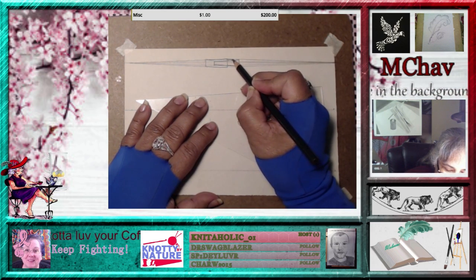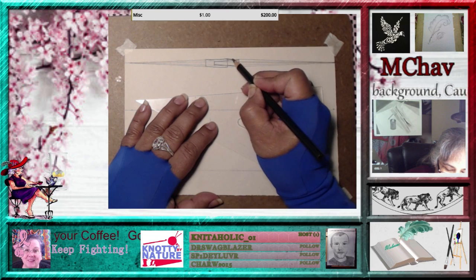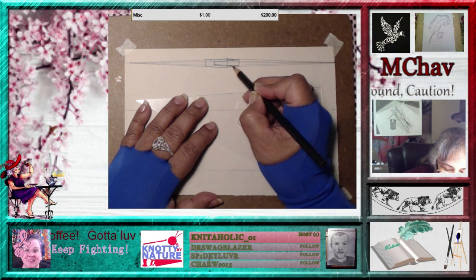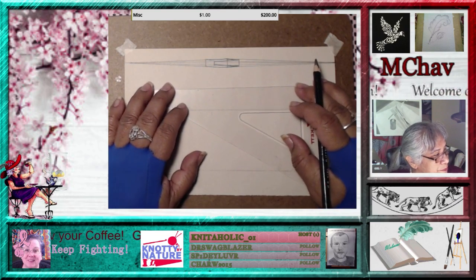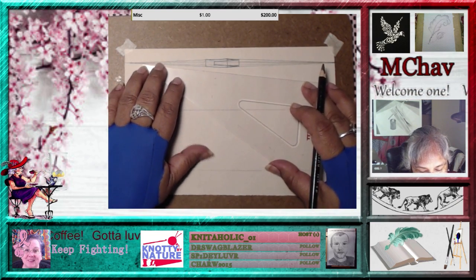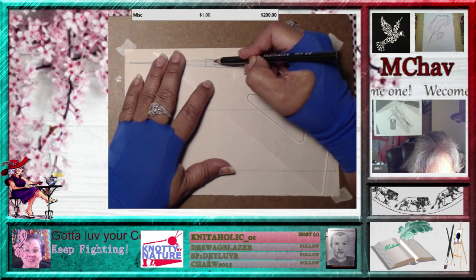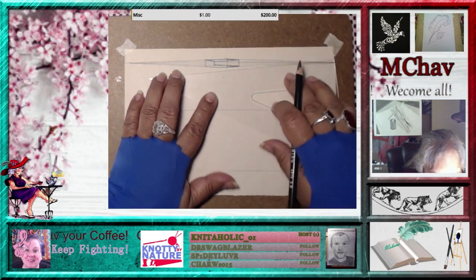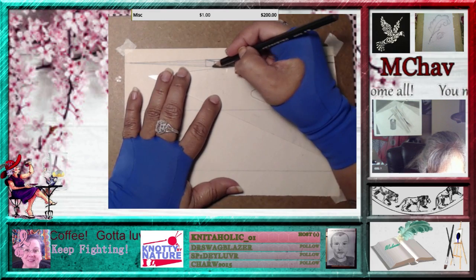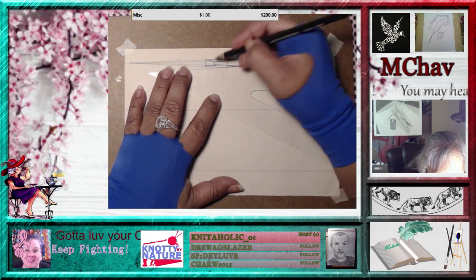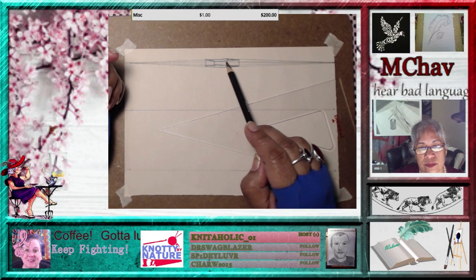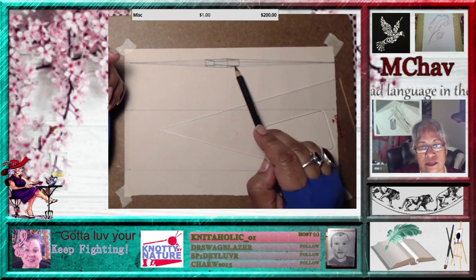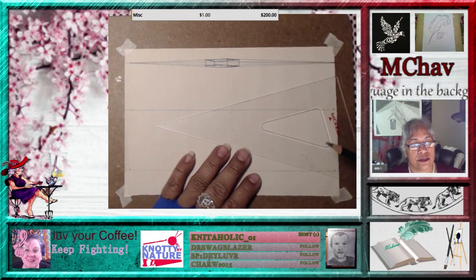I'm going to darken this one and this one. Now you're going to see a 3-dimension. And then this one here is going to connect to there. This one is going to connect to here. Now you see the top, you see the bottom, you see the back, you see the side, and you see this side. Amazing, right?